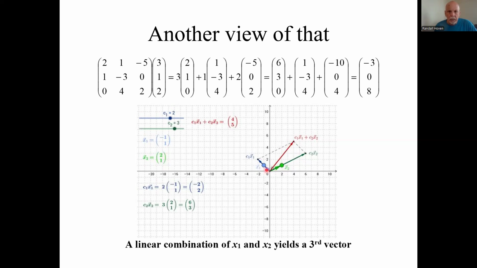If I multiply this guy by 2, I'm up at minus 2, 2. I multiply the green guy by 3, I'm up to 6, 3. I add those two vectors, I get this third vector. That's a linear combination of vectors, a geometric interpretation. We're going to be having lots of views of things that you probably think you're familiar with, but there are different views of them.